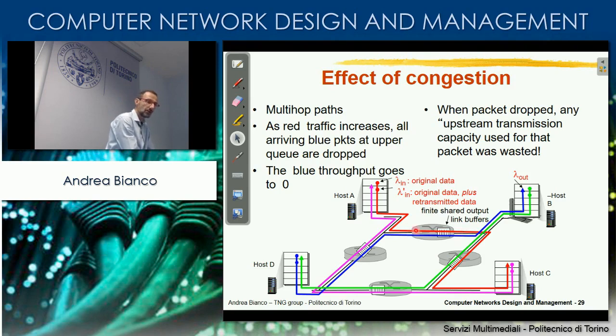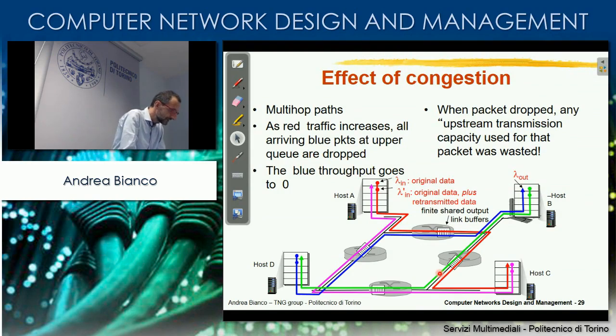The red is coming from the user to this node. The blue is coming from a user through another node. Is it clear? And this is true for any link, for any conflicting pair of connections. If you come here, you have a green and the red one. The green is reaching this link directly from the user. The red one is reaching this link passing through another intermediate node. Is it clear?